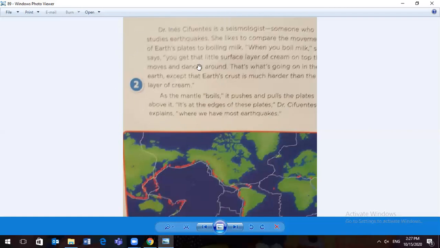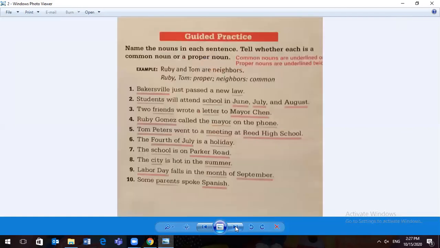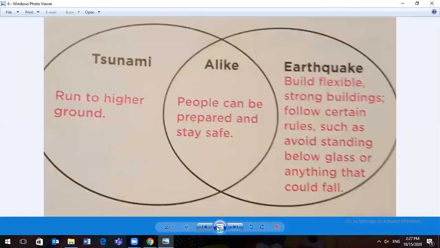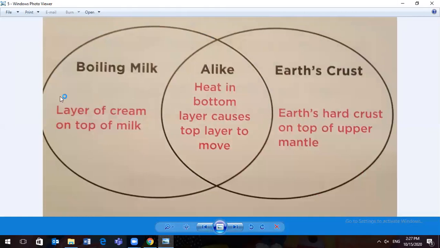So in our paragraph here, we are comparing boiling milk to the Earth's crust. Okay, let's take a look at the diagram together. All right, here we go, sorry. All right, so we're talking about boiling milk and we're talking about the Earth's crust.